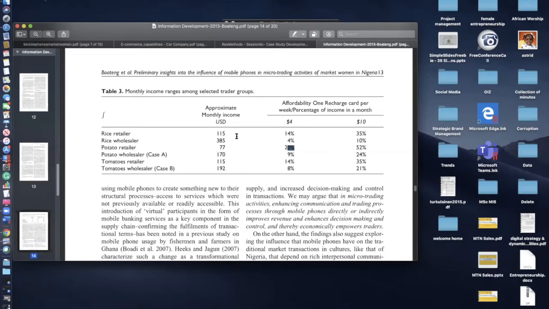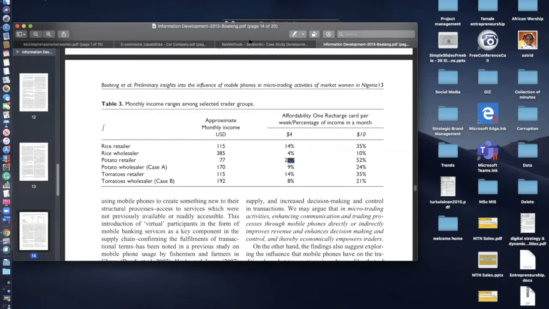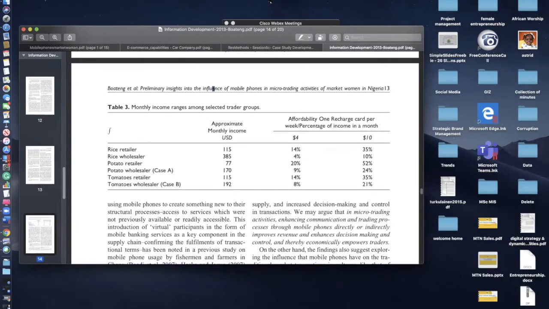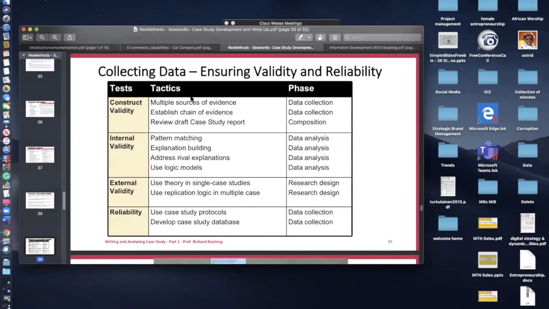That's why, whenever you are measuring a particular variable, make sure that what you said you are measuring is what you are measuring. So multiple sources of evidence, establish a chain of evidence.